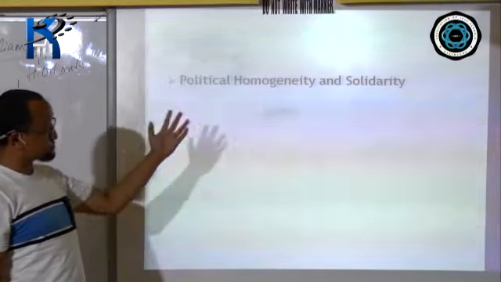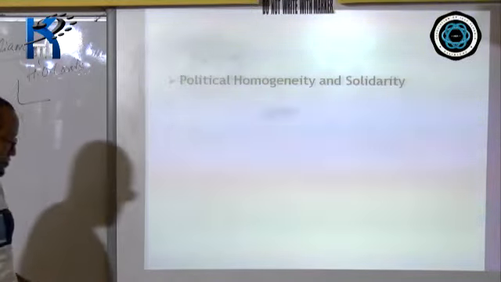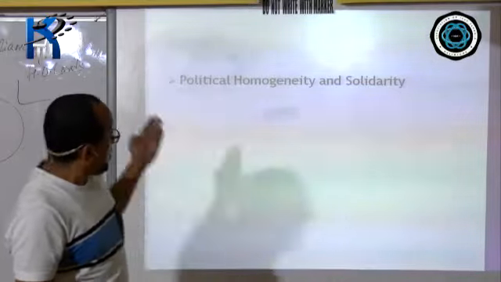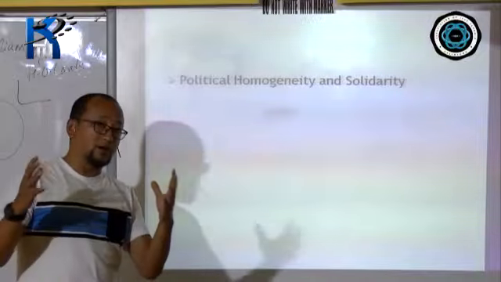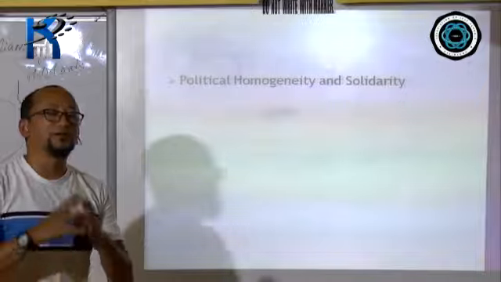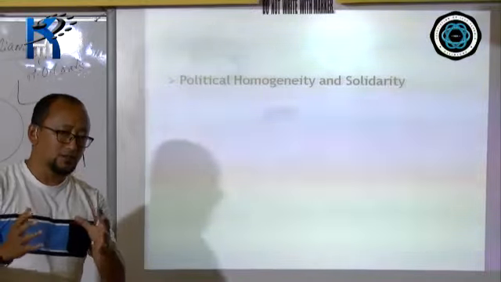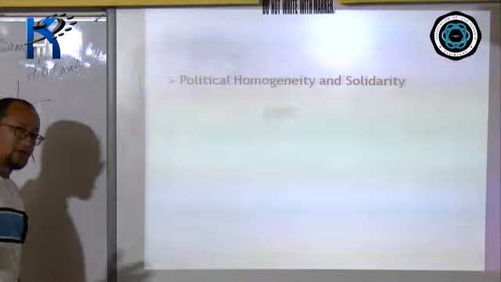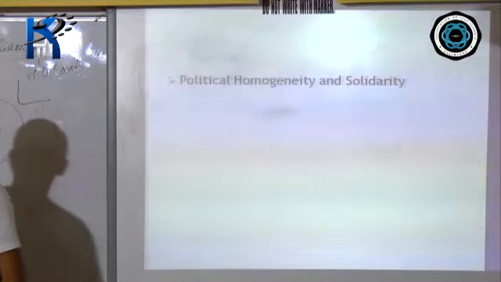Okay, political homogeneity and solidarity. This is also a point which we've already discussed, where the government is formed by the same political party. So now let's go to the United Kingdom. The UK has primarily a bipartisan system.